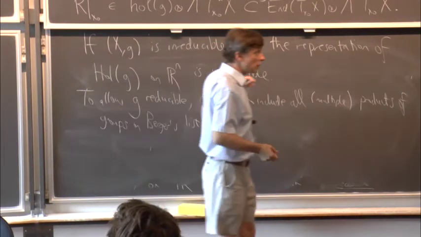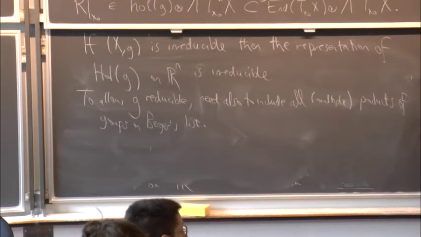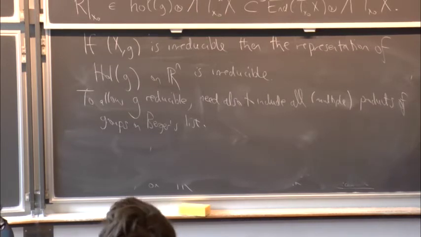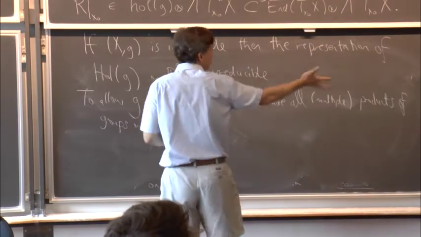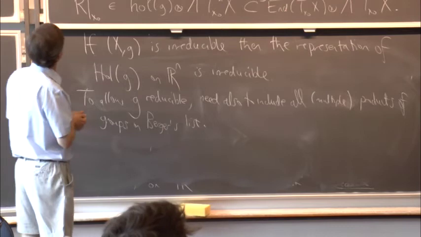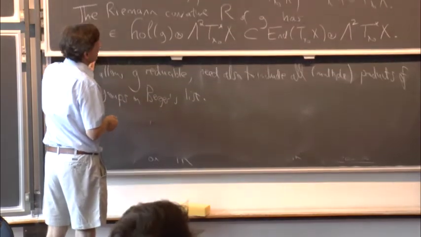Okay, so there's no more work to do really in allowing things to be reducible. You'd need to include things like U(2) cross U(3) acting on R^10, which is C^5, and so on. All multiple products of things in there would have to go on your list. All right.